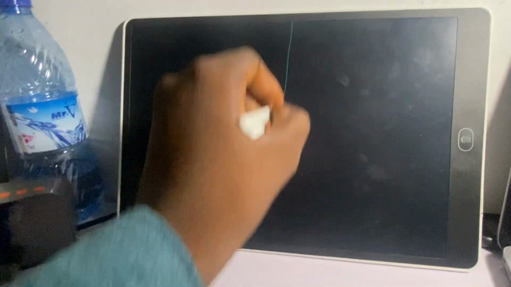And the next one now, which is the last one here, is the twice top and bottom. So let's do it this way also.